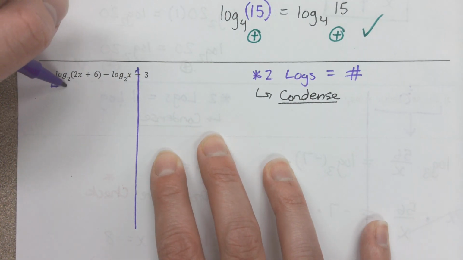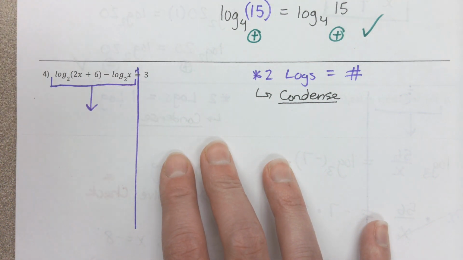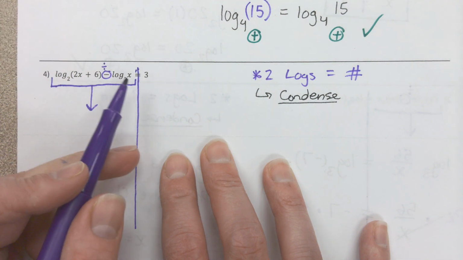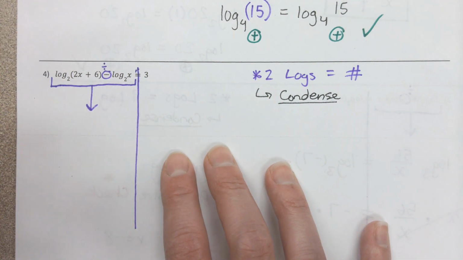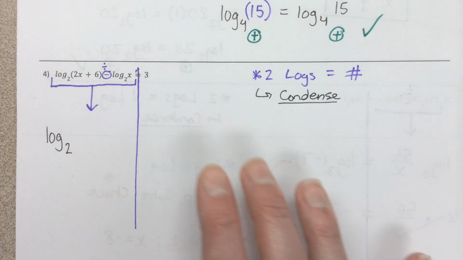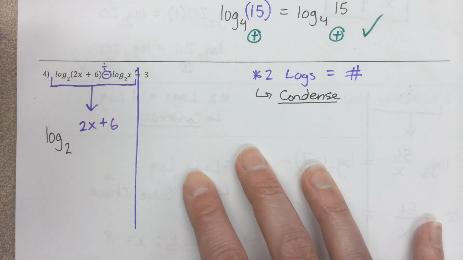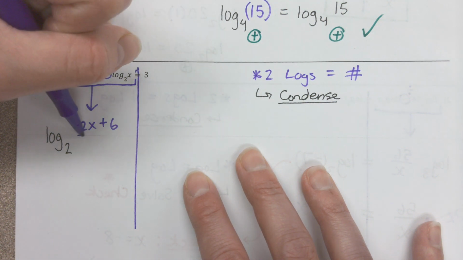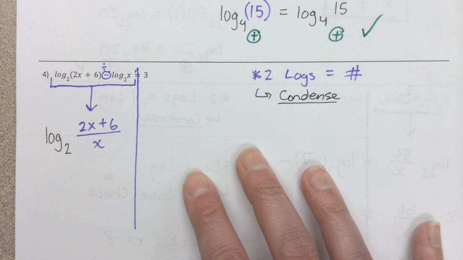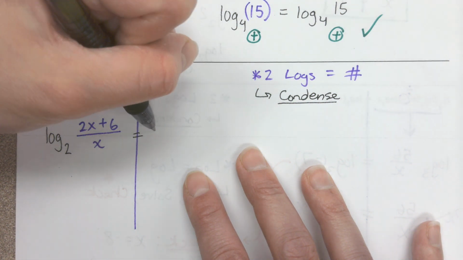No exponents this time, we just have to condense these down to a single log. This minus here tells me I'm actually just going to be dividing the 2 terms here. We have log base 2, 2x plus 6 goes on top, over x goes on bottom, equals 3.